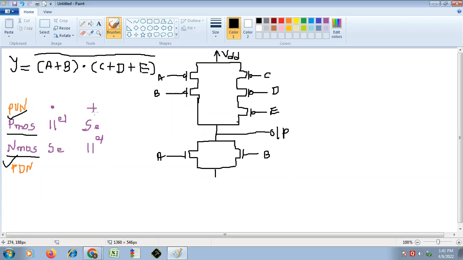And again for plus, it is parallel. That means what? The C, D, and E, these all are parallel with each other, right? So we will draw this. Let me draw this.